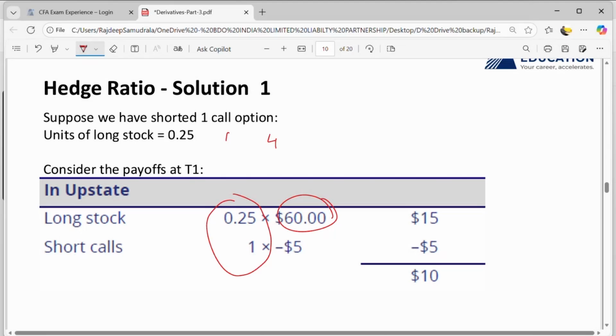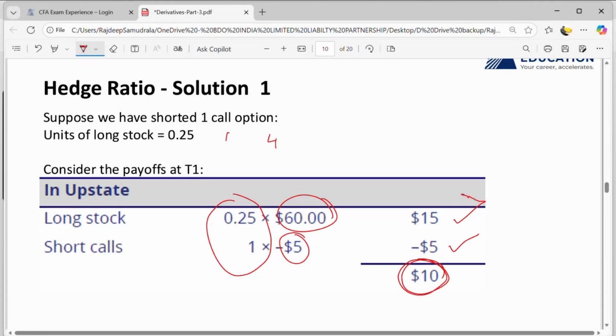So you bought 0.25 shares, and the value of shares in your pocket is $15. But you shorted the call, and the share price went up, so you lost $5. So the total value in your hands is $10.